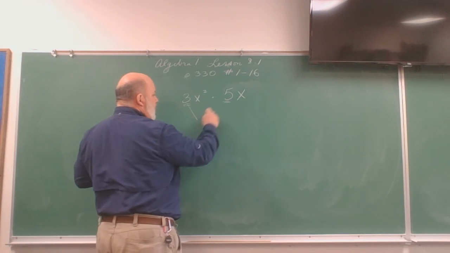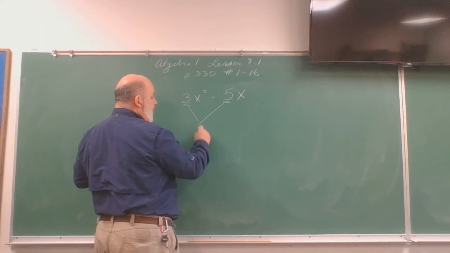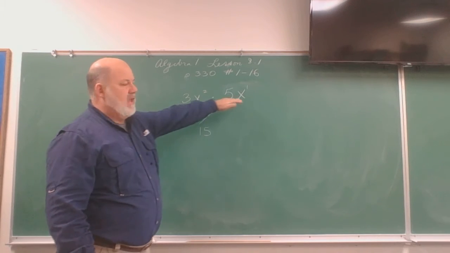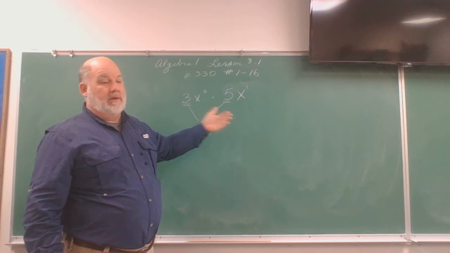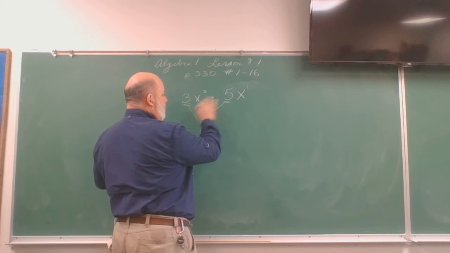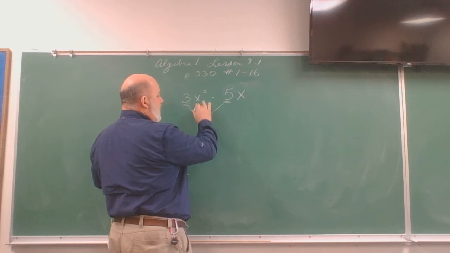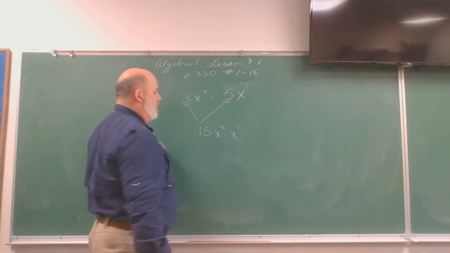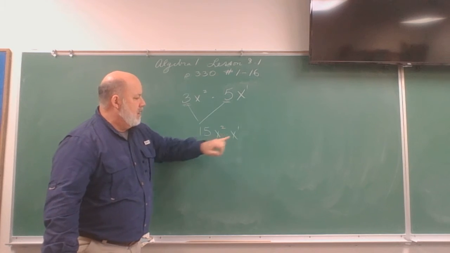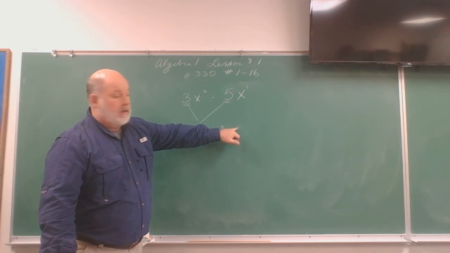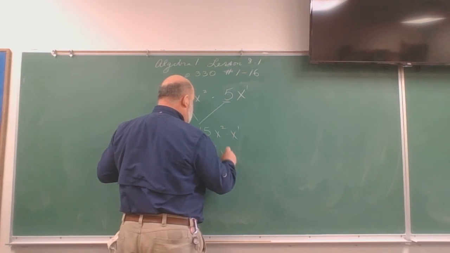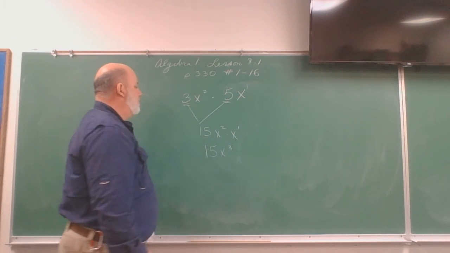So that's 3 times 5. 3 times 5 is 15. The parts with variables, the x parts, they get multiplied also. So this is 3 times 5, 15, x squared times x to the 1, and we just said that the powers get added. This is 2 plus 1, and I'm left with 15x cubed.